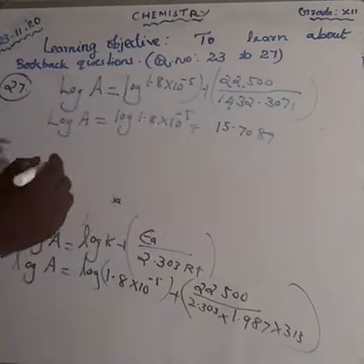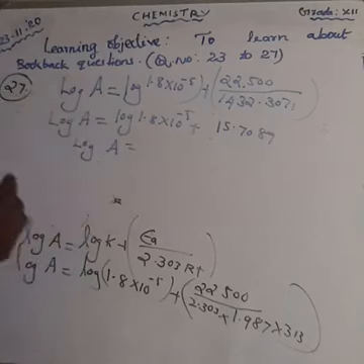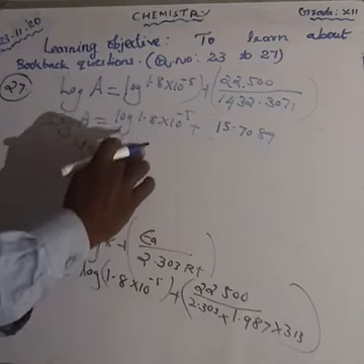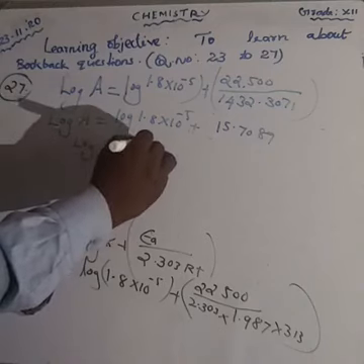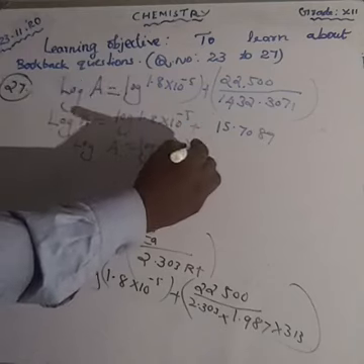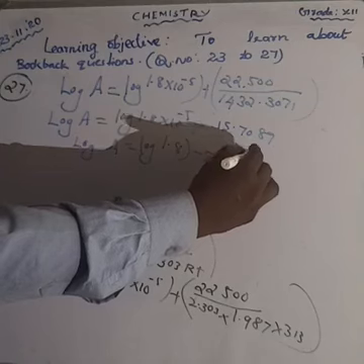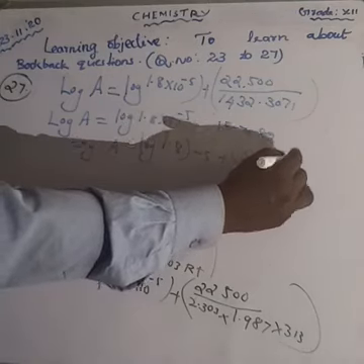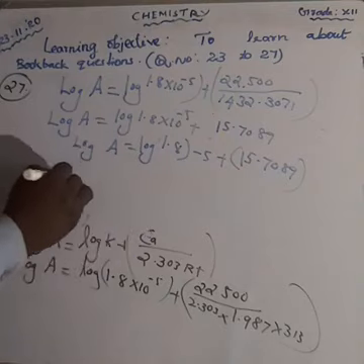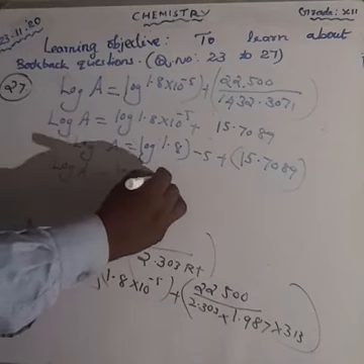Log A is equal to log of 1.8 into 10 raised to minus 5, so minus 5, plus 5.7089. Log of A equal to 10.9642.